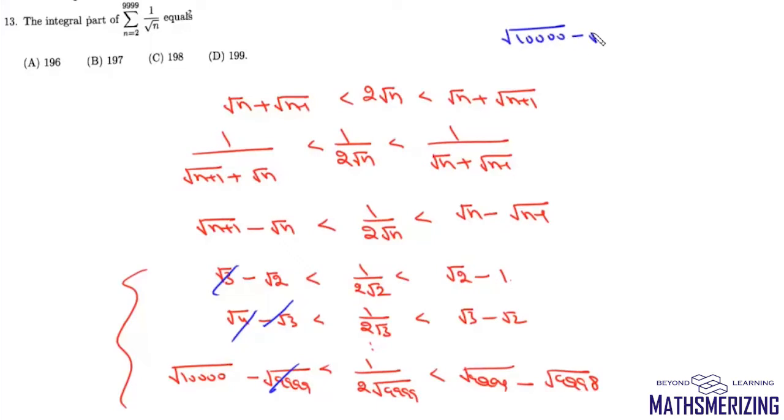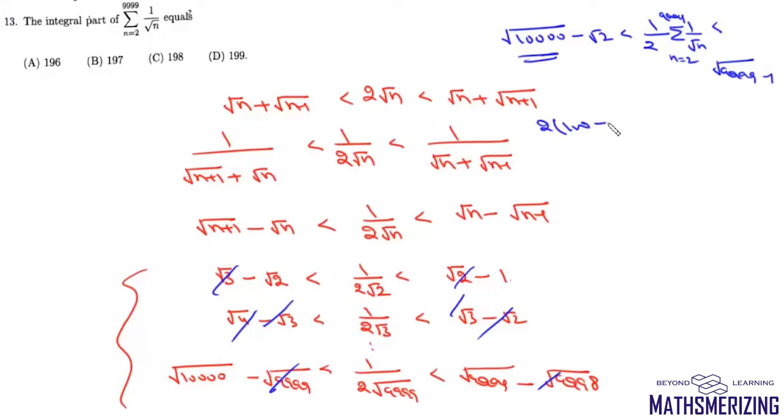On the left hand side we'll get under root of 10000 minus root 2, which is less than 1 by 2 times this summation 1 upon root n, when n varies from 2 to 9999, and it is less than, now on the right hand side everything will cancel and it will be under root of 9999 minus 1. Now we'll multiply it with 2. So we'll get 200 minus root 2 is less than this summation, it will be 2 times under root of 9999 minus 1.